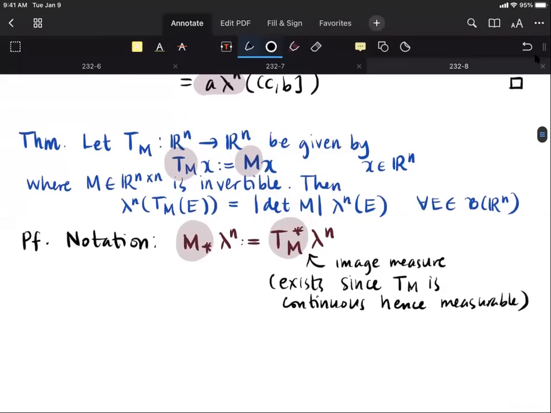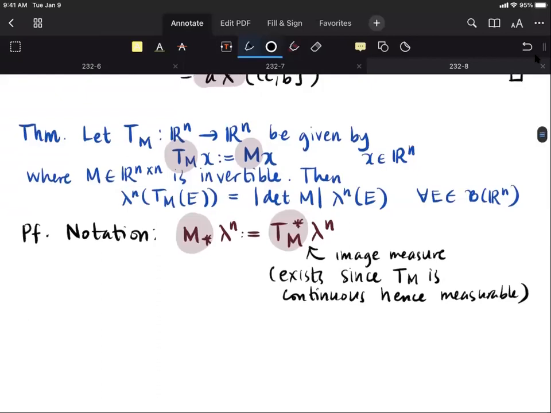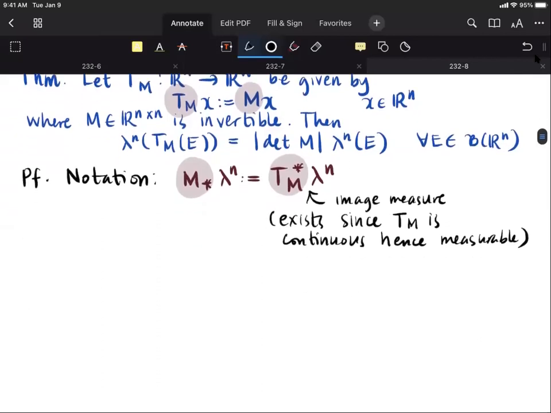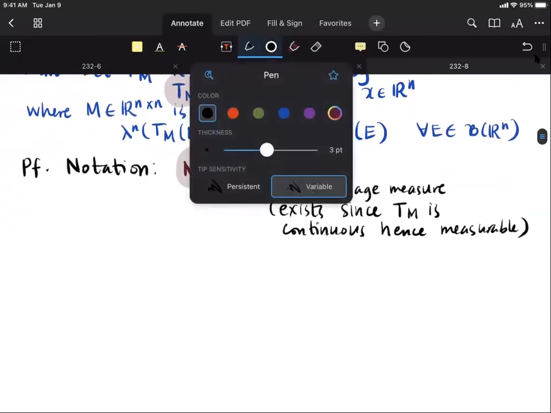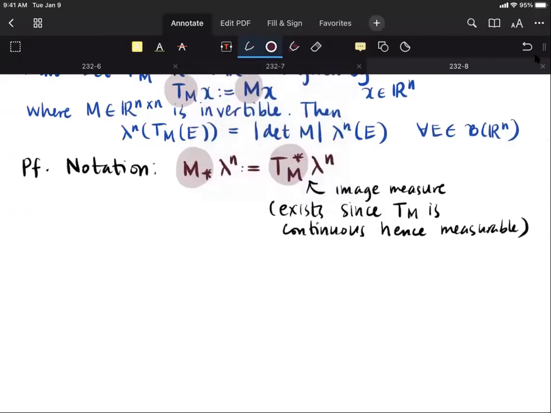Okay, so we need T sub m to be measurable in order for this image measure to be well defined. So for translation invariance, we would like to establish that this image measure, this would be our first step.